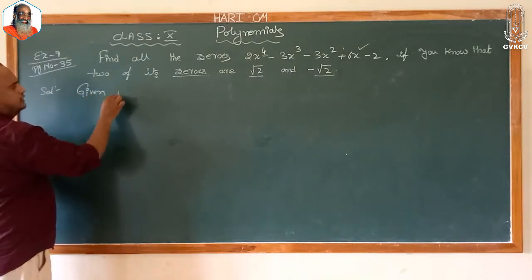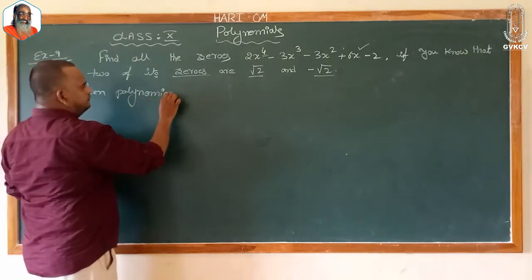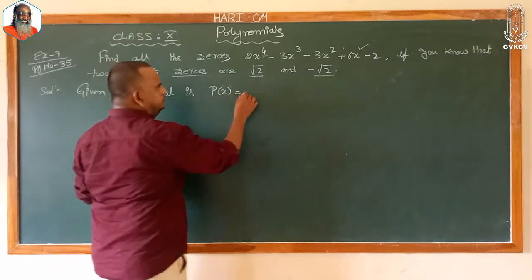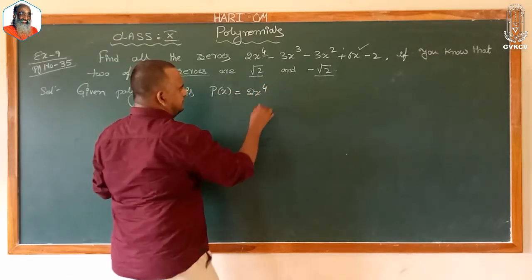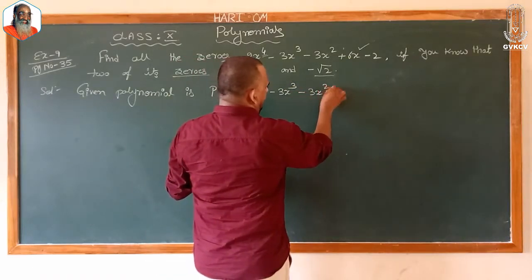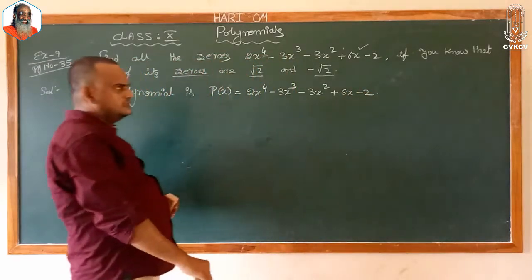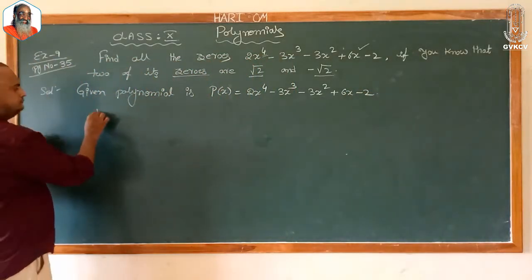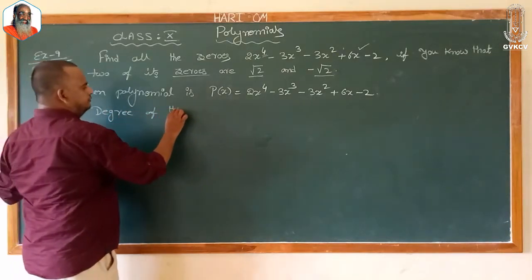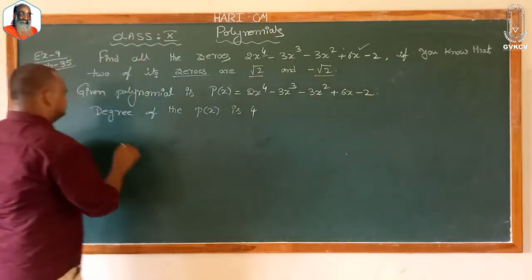Solution. Given polynomial is p of x is equal to 2x power 4 minus 3x cube minus 3x square plus 6x minus 2. Degree of p of x is 4.